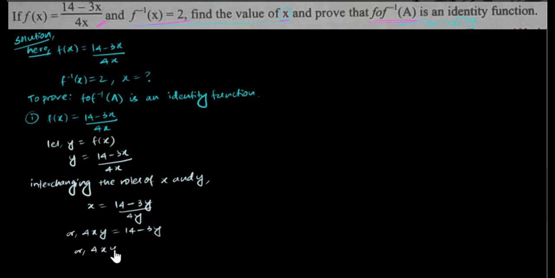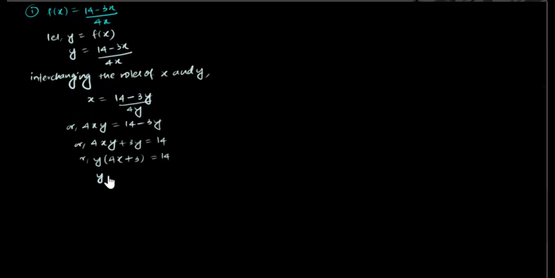Collect the terms that have y on one side, so I'm collecting 4xy and 3y on the left side: 4xy plus 3y equals 14. y is common here, so y(4x plus 3) equals 14, and then y equals 14 divided by 4x plus 3. This value of y will be f inverse x. So f inverse x equals 14 divided by 4x plus 3. This is the inverse function.